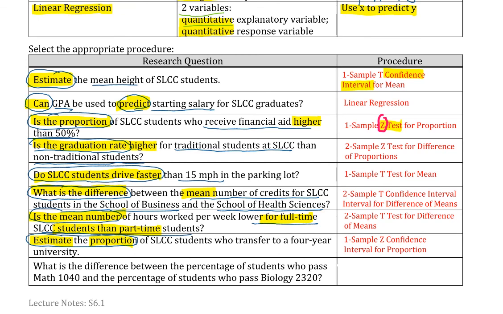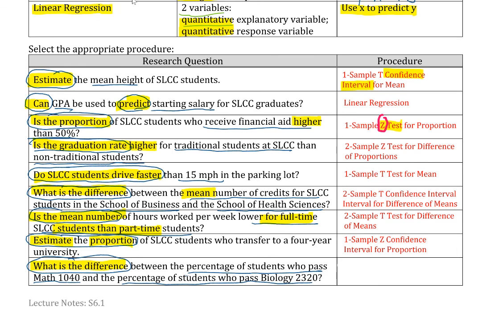Our last research question asked, what is the difference between the percentage of students who pass Math 1040 and the percentage of students who pass Biology 2320? Again, here we're asked to find the difference, or estimate a value.